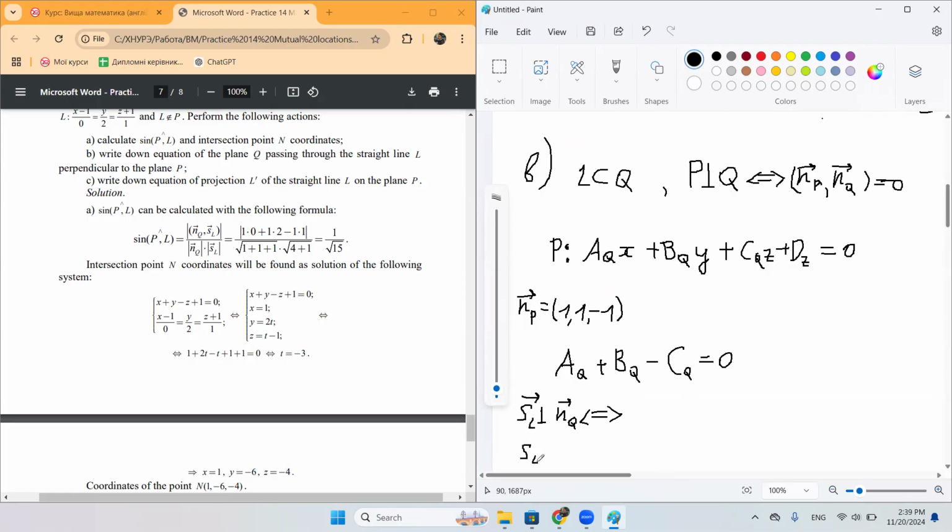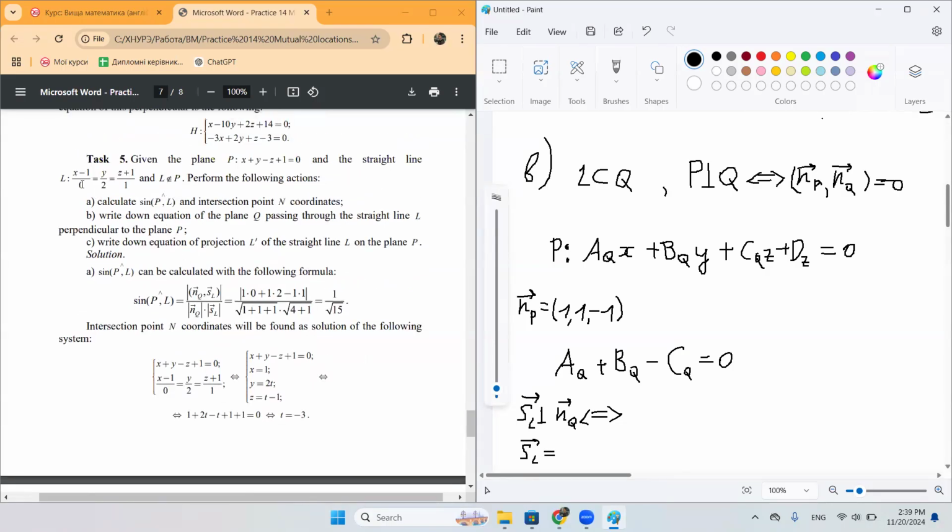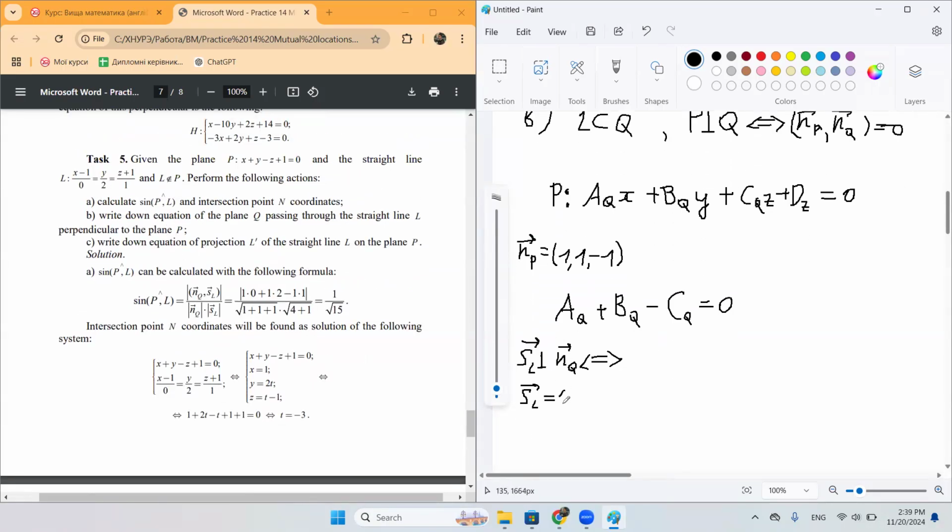The coordinates of the direction vector are 0, 2, 1.